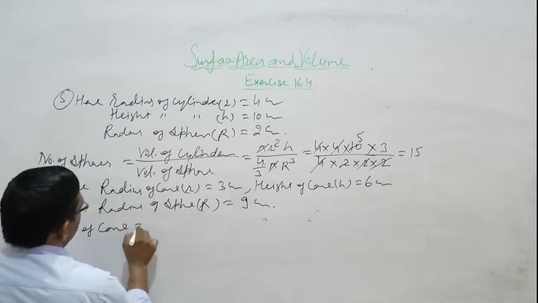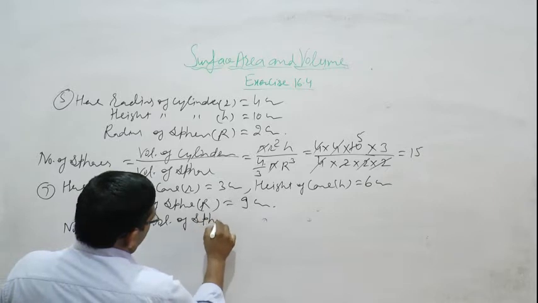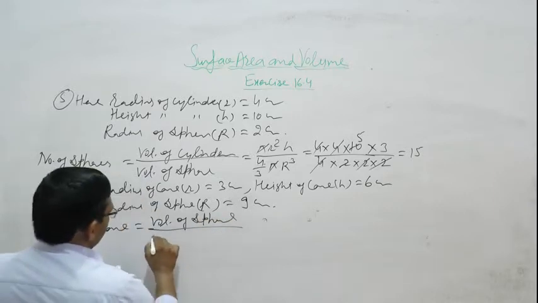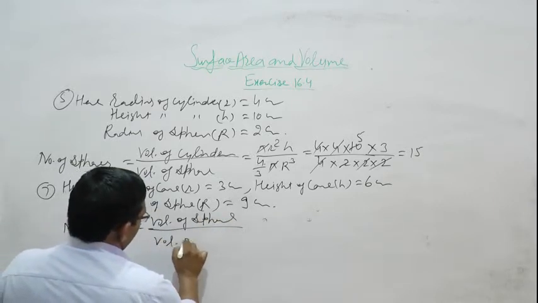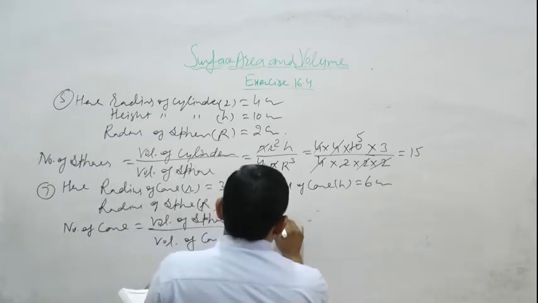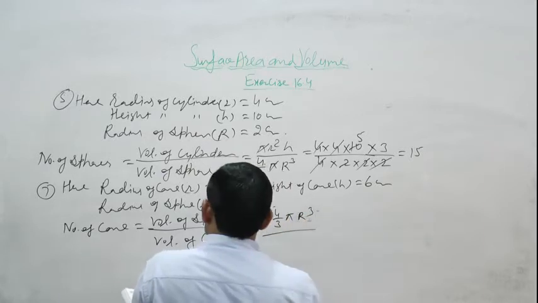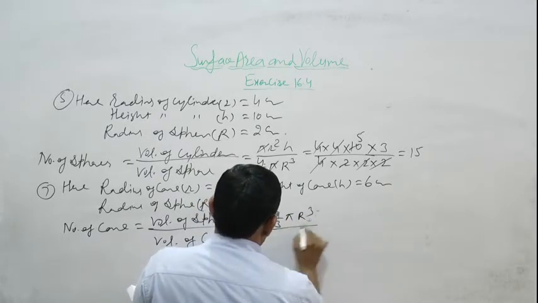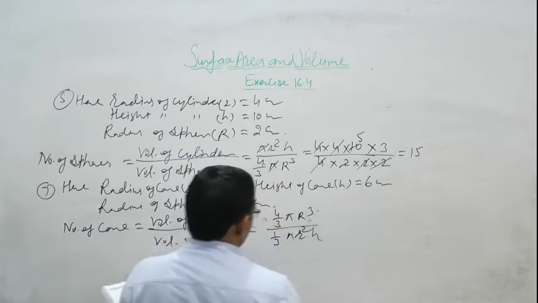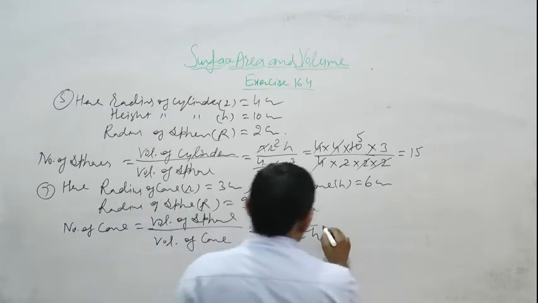Number of cones is equal to volume of sphere divided by volume of cone. Volume of sphere is 4/3 pi r cube and volume of cone is 1/3 pi r square h. So here 3 cancelled by 3 and pi is cancelled by pi.